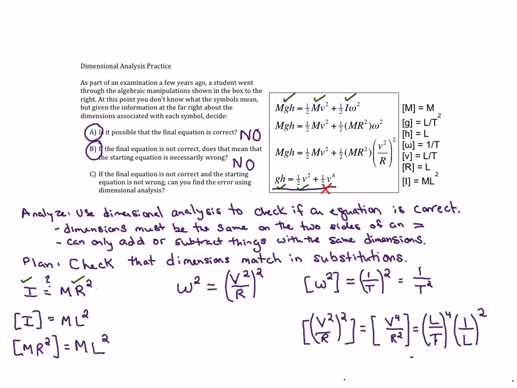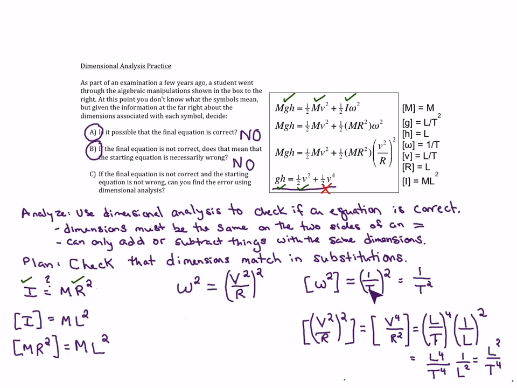So then we have the units of the whole thing are length to the fourth over time to the fourth, from the v to the fourth, and then 1 over length squared from our 1 over r squared. And then when we put that all together, some of the lengths cancel, and we get length squared over time to the fourth. And if we check, what we're wanting is that the units of omega squared match the units of the v squared over r squared.